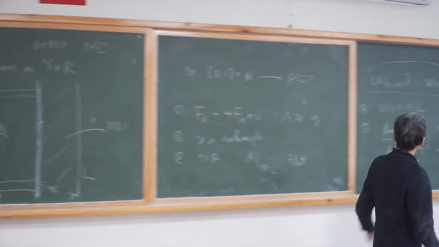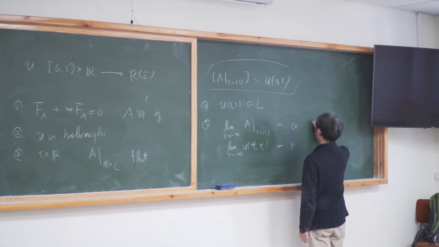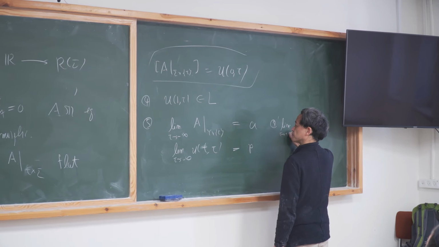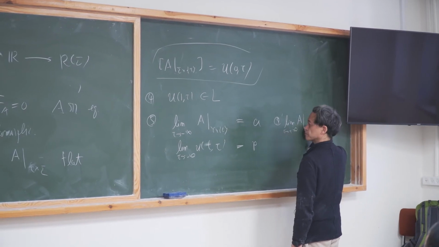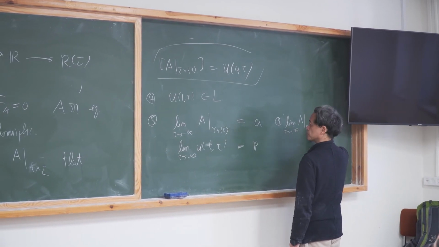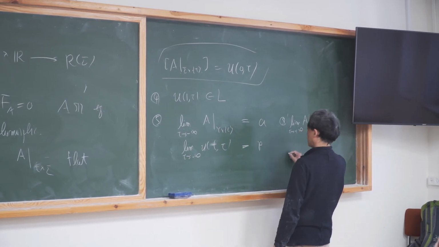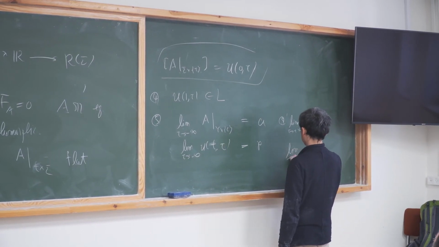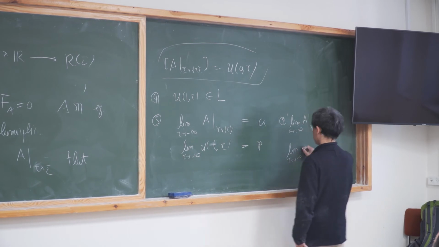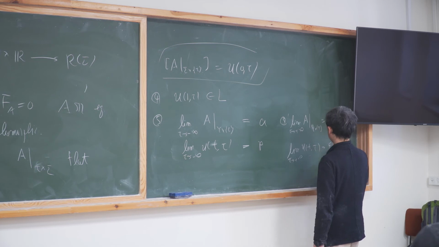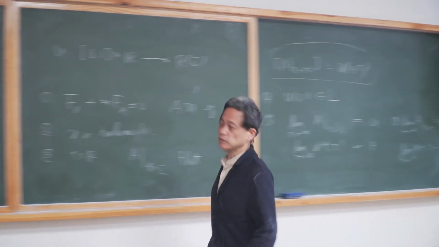And you take plus infinity. Then this is B, and you take plus infinity. Then this is Q. Kenji? Yeah?